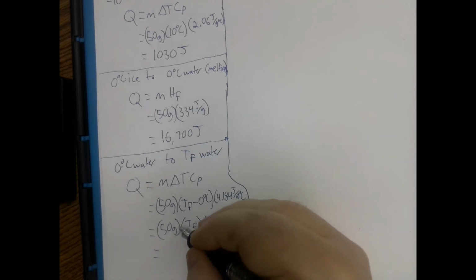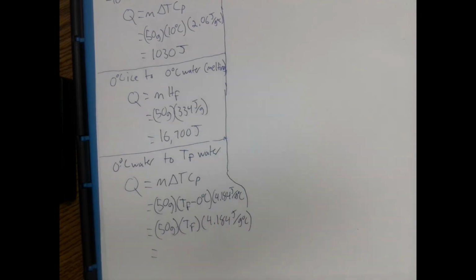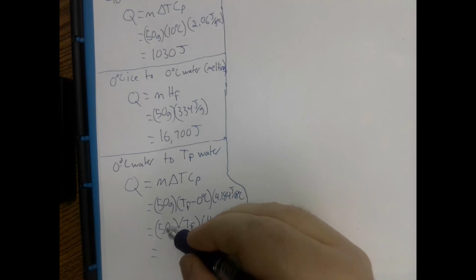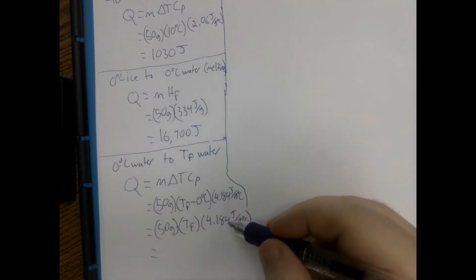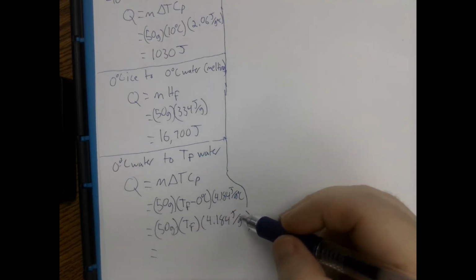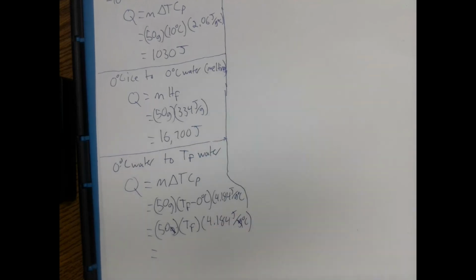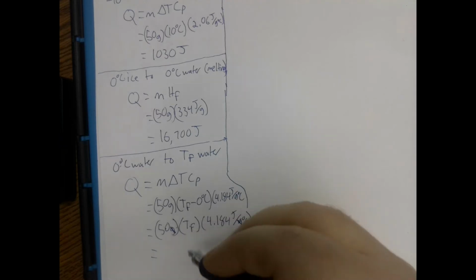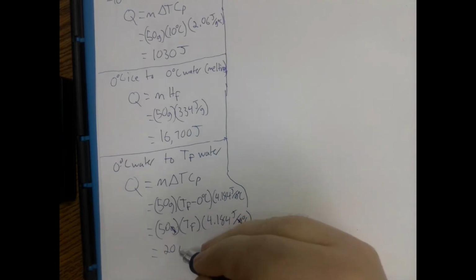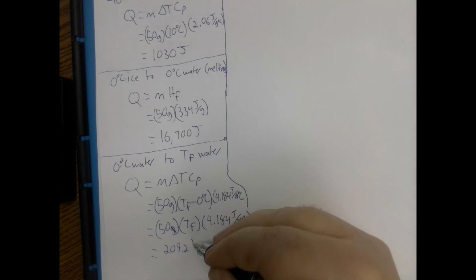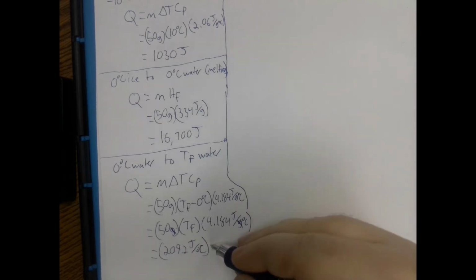If we have multiplication, it doesn't matter what order we do multiplication in. So 50 grams times 4.184 joules per gram degree Celsius. Well, the grams are going to disappear. And so we get 209.2 joules per degree Celsius times TF.